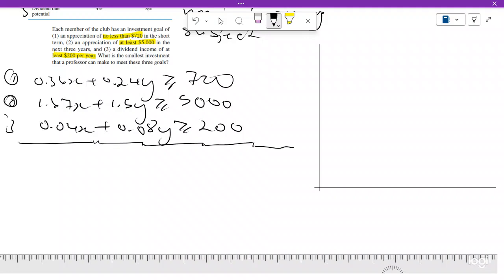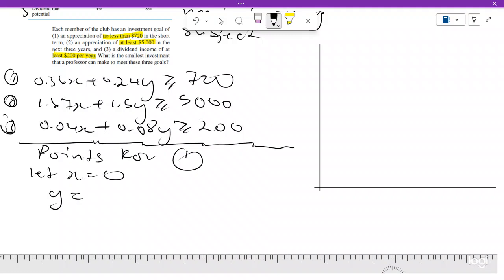Okay, then we have this intersection, and we have this intersection. Okay, so that is 3.33, y this side is 2.5 and 3k, so they don't intersect in any way.